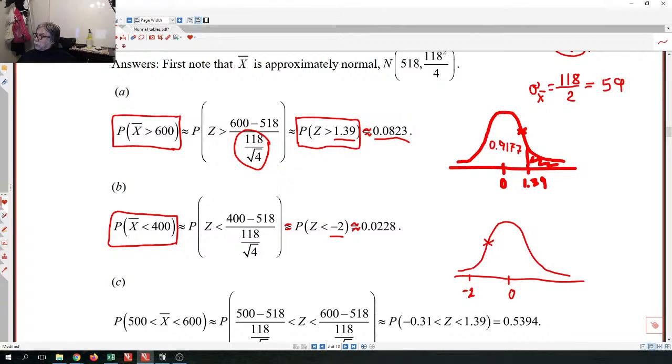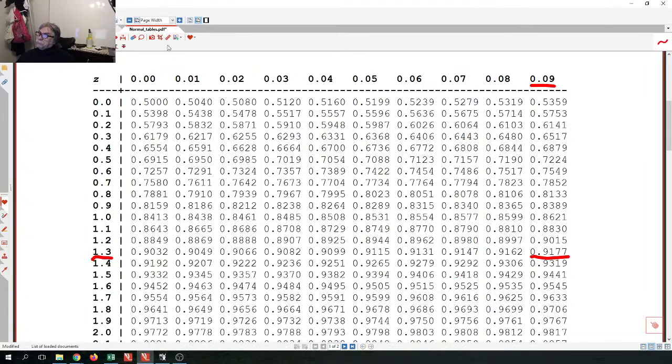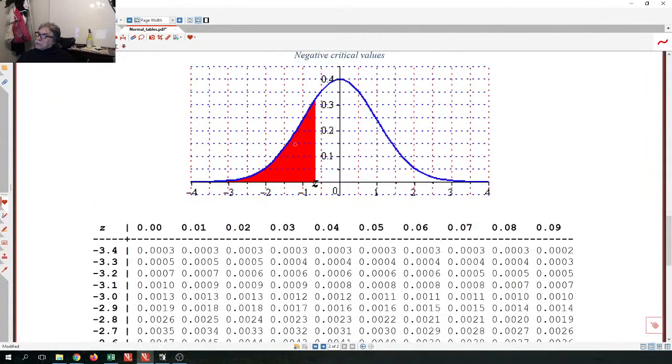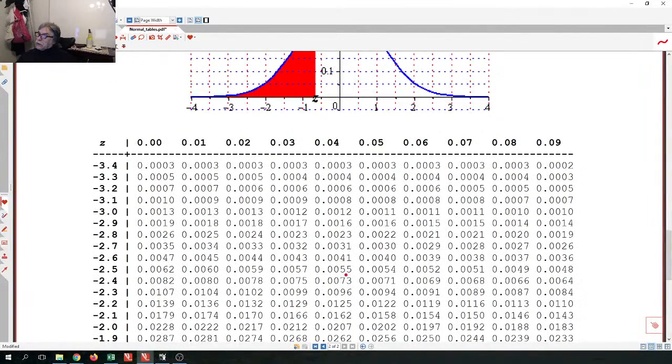And you're looking below that, so you're looking for something really small, this sliver of area. So that's easy to find in the table, and the table you're going to be looking for negative critical values. Negative critical values is the second page of the table, so you get negative 2 to look at. And negative 2 is right here, and the second decimal is also 0. So we are dealing with approximately 2.28% according to the tables.